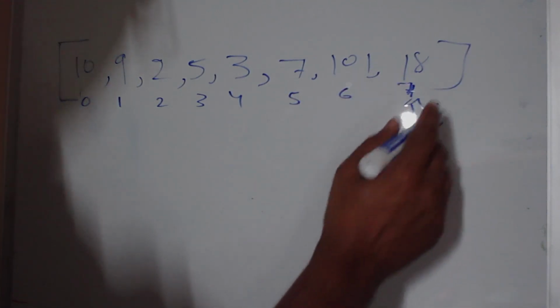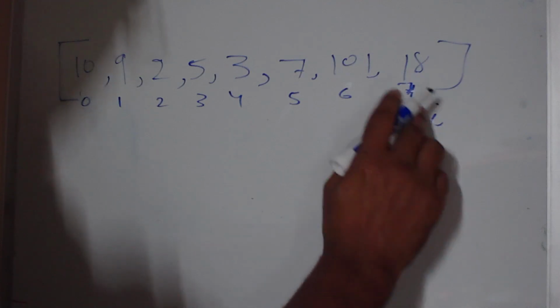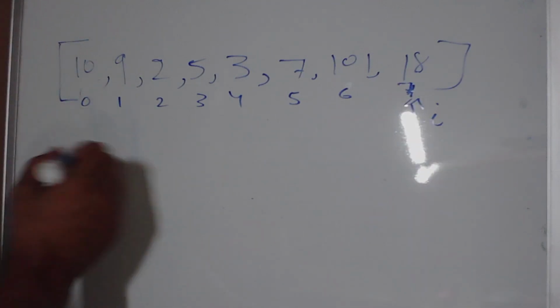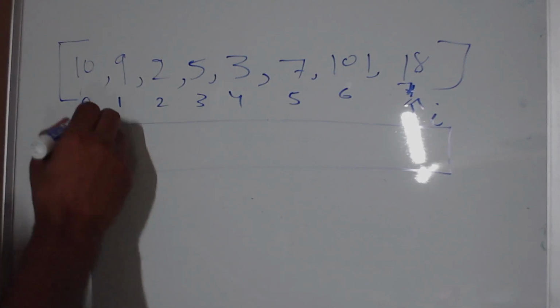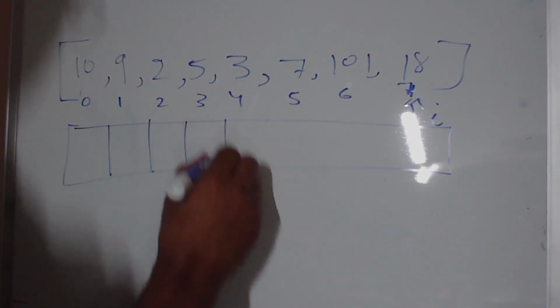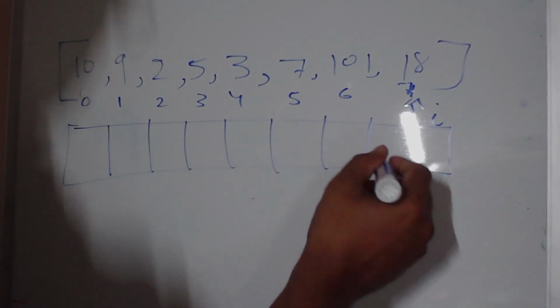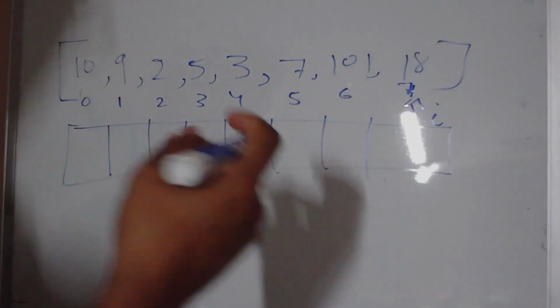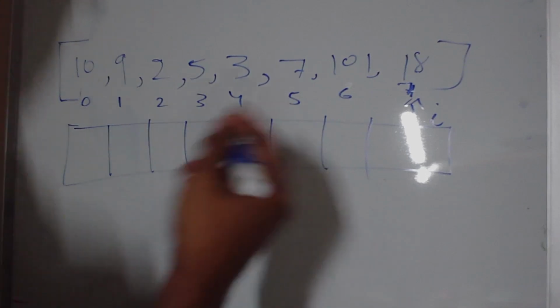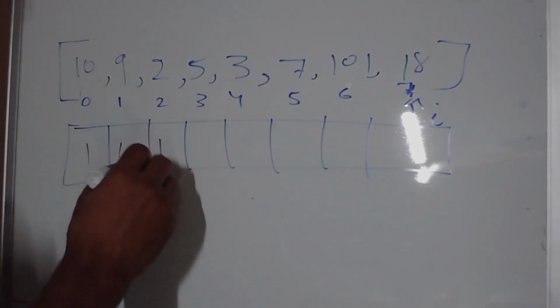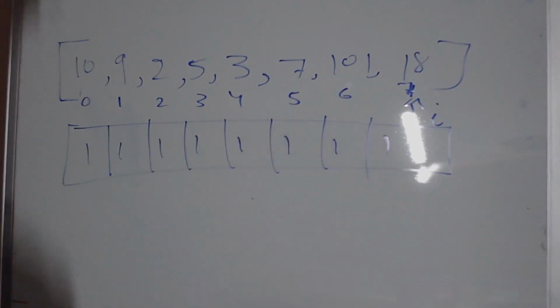Our I will start at 7, then we create a DP array. Since the minimum subsequence length is 1, we initialize the array with 1s, right?